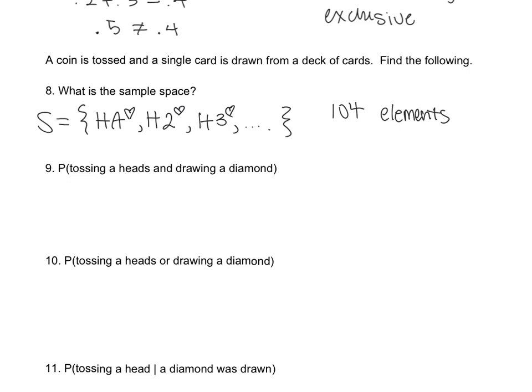And then there are only 13 diamonds in a deck. So I'm going to have 13 of my cards that involve having the heads in front and then all of the diamonds out of my total 104 elements, which we then simplify to be 1/8.